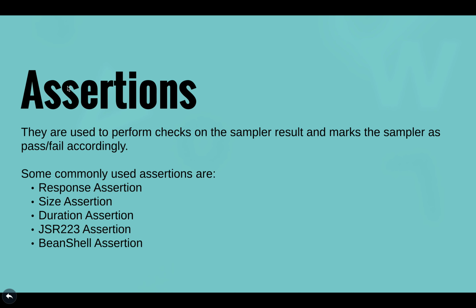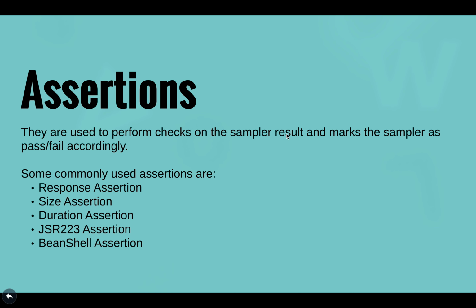And last we have the assertions. As the name suggests, the assertions are used to perform checks on the sampler result, and they can be used to verify the results that are received as part of your request. For example, you may want to check whether a particular text is there in the response or not.